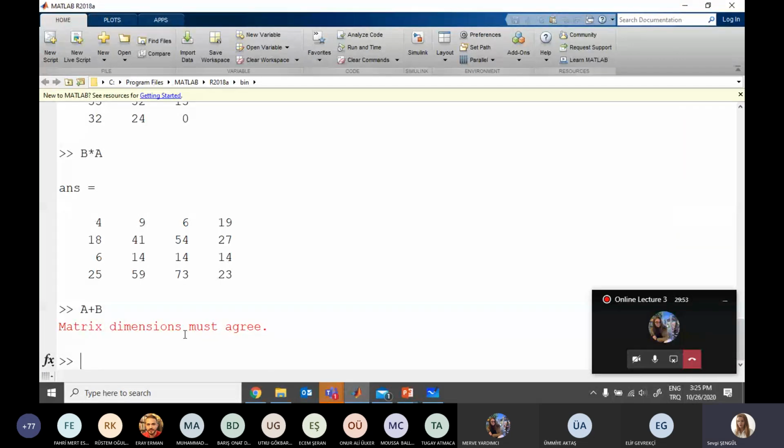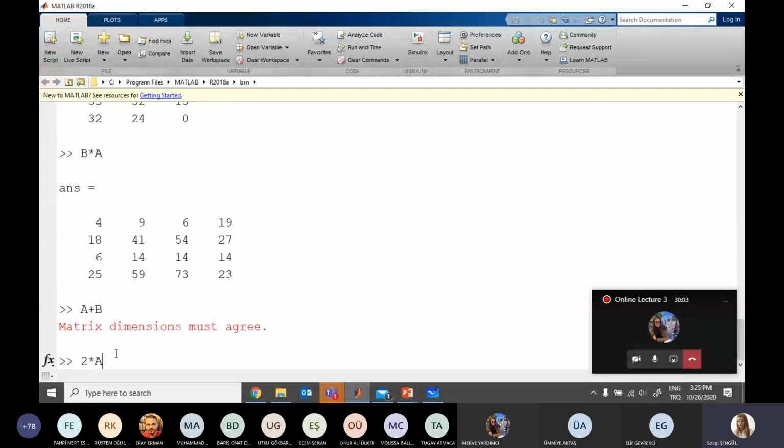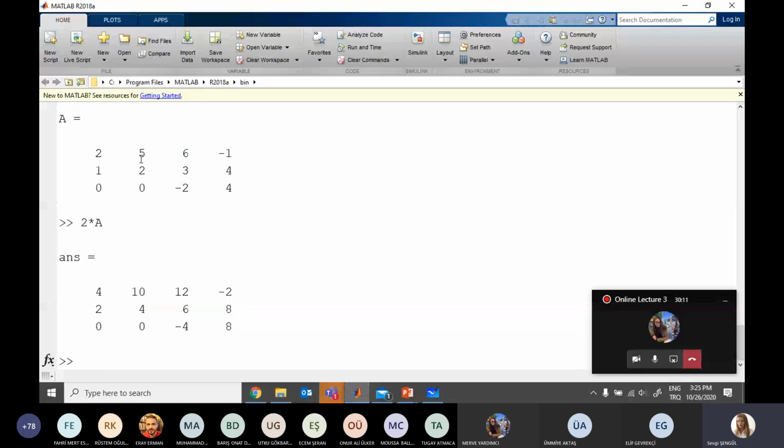If I multiply a matrix with some constant, this will double the elements of A. What was our A? Let me remind you A first. A was that, and if I say 2 times A, it will double the elements in each row and column. 4, 10, 12, minus 2.